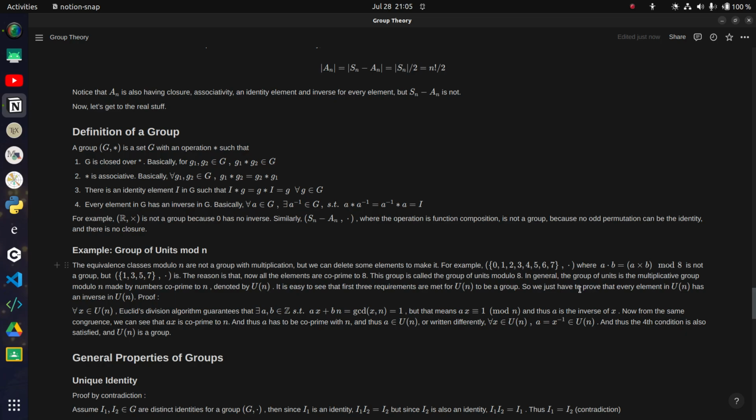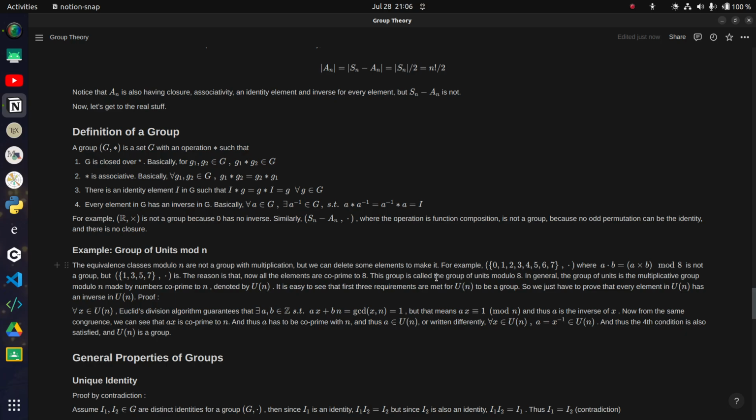So this is not a group yet, but the set 1, 3, 5, 7, which are all the numbers co-prime to 8, with the operation of modular multiplication, of course, that is a group. You see, any two numbers co-prime with some certain number, multiplied together, are still co-prime with that number.